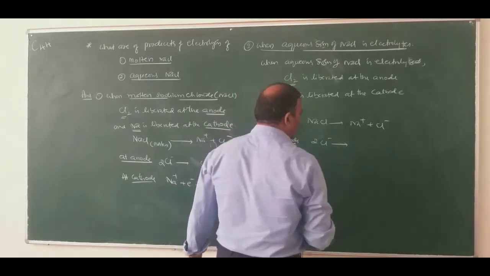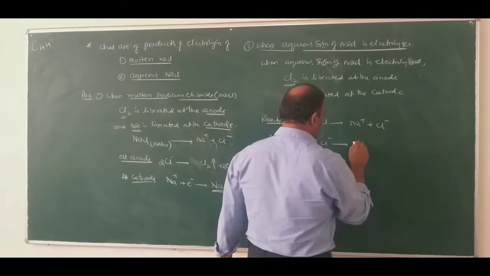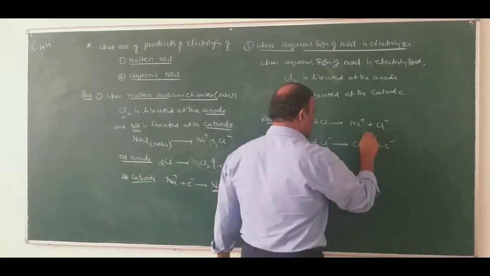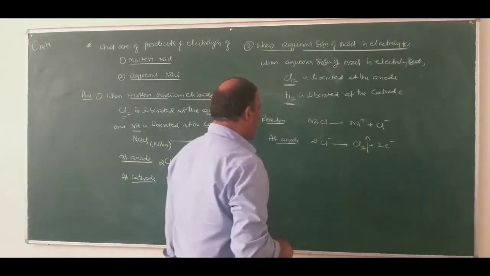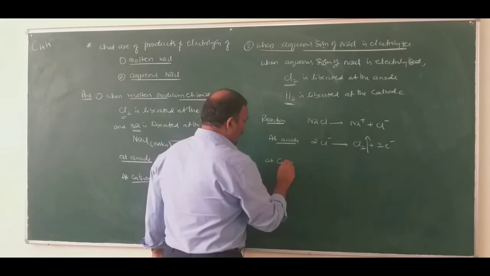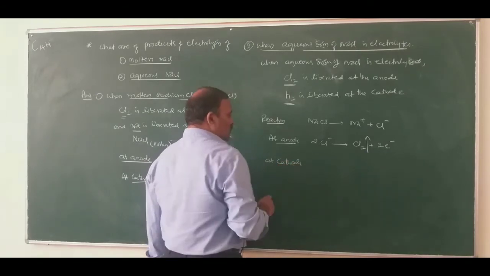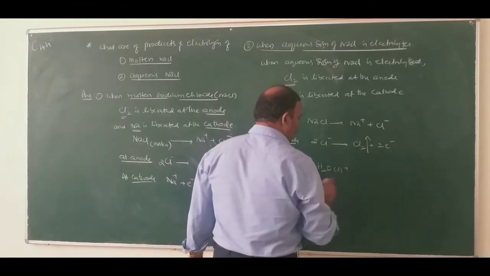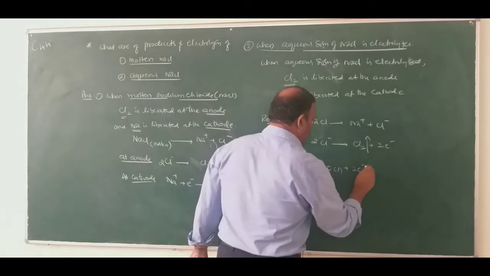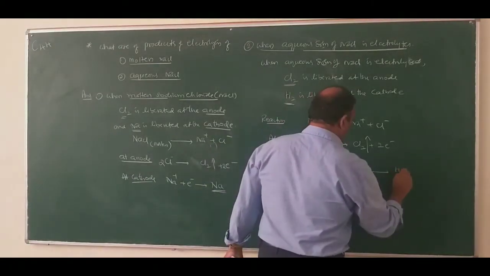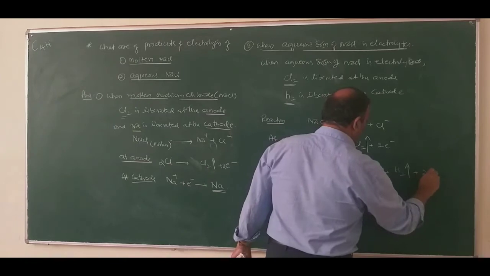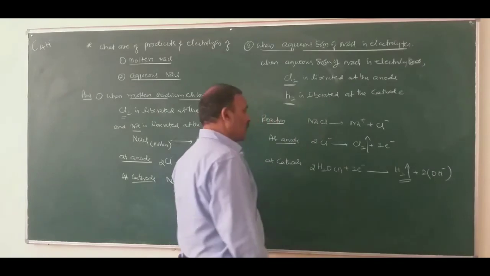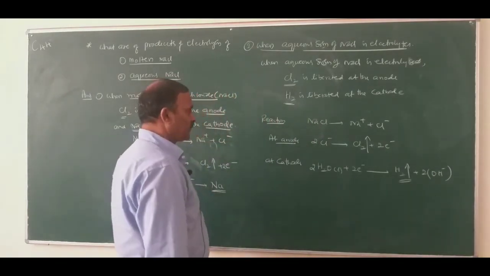Chloride ions, after reaching the anode, lose an electron and are converted into chlorine gas with the liberation of electrons. So chlorine gas is liberated at the anode. So at the cathode, here water is there. Water plus 2 electrons gives H2 gas plus 2OH−. So hydrogen gas is liberated.